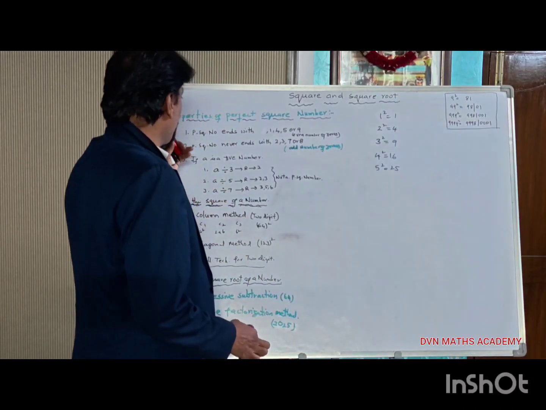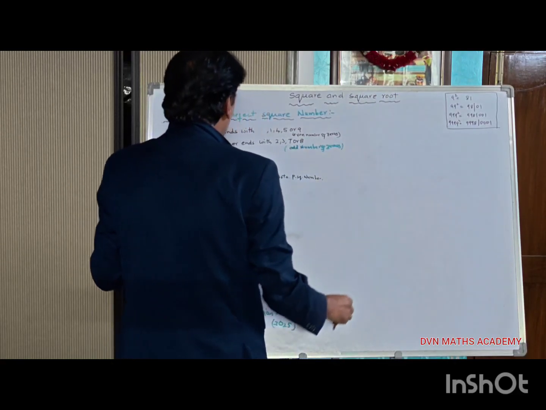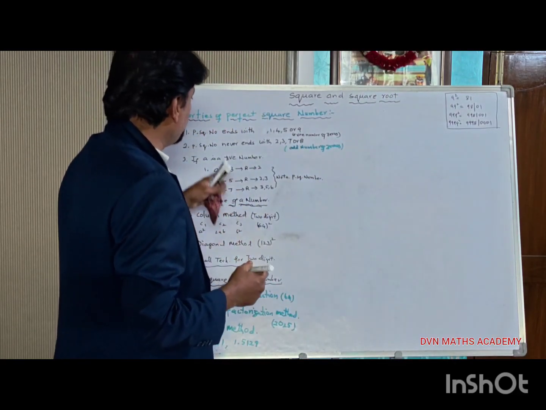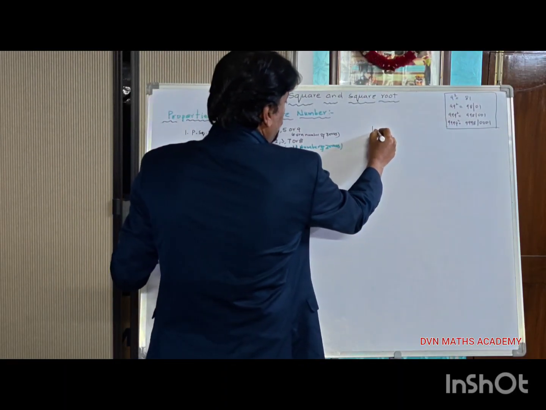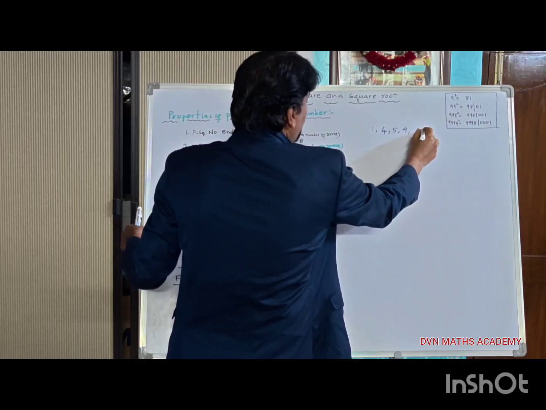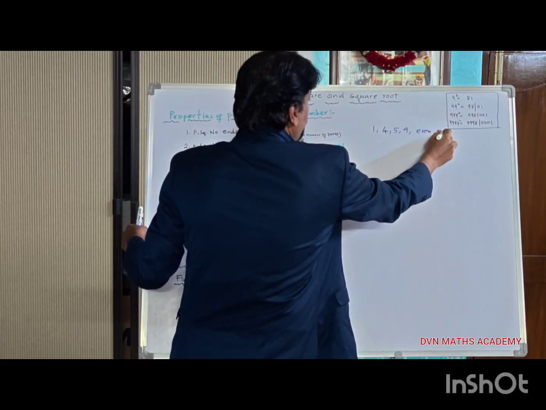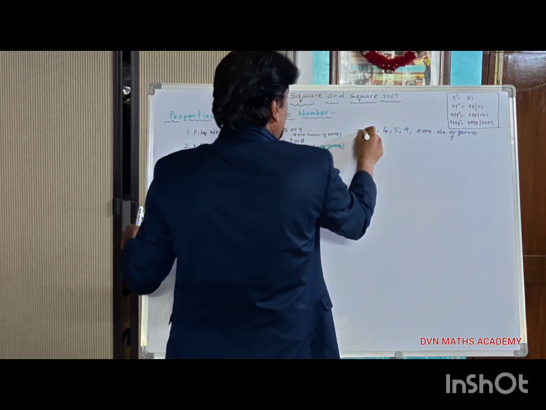So here my property number 1 is: a perfect square number ends with 1, 4, 5, 9, or an even number of zeros. This is a very interesting property.